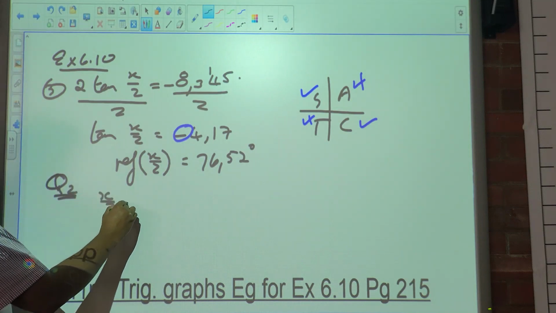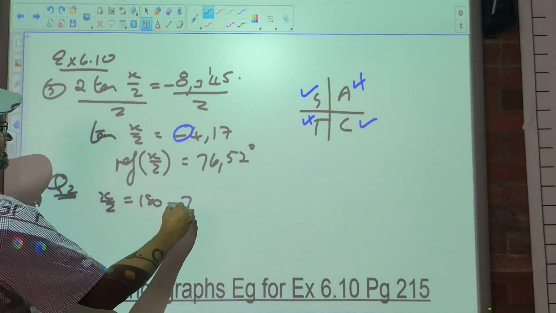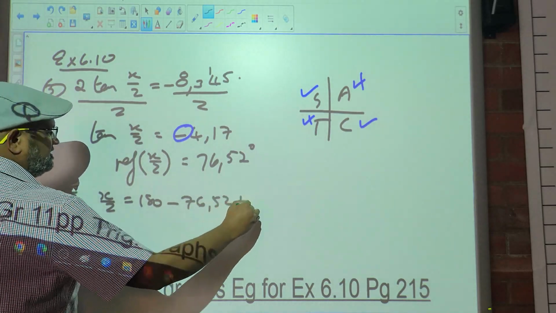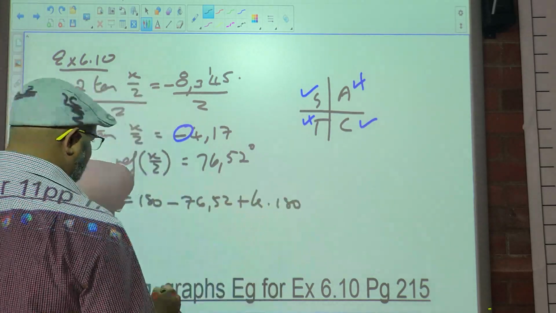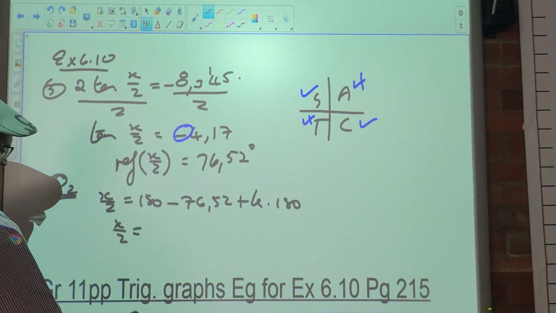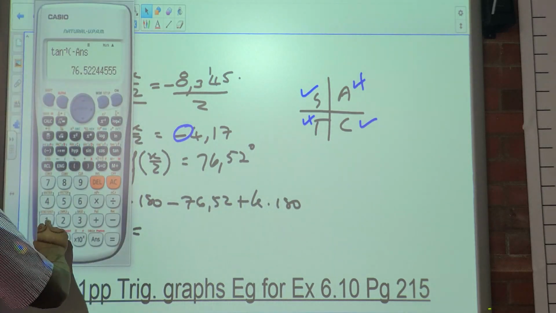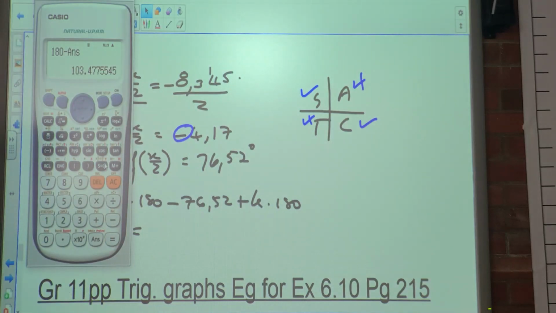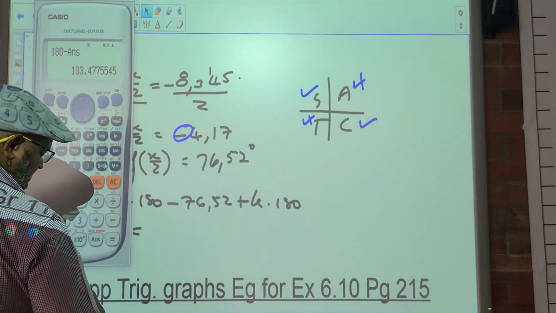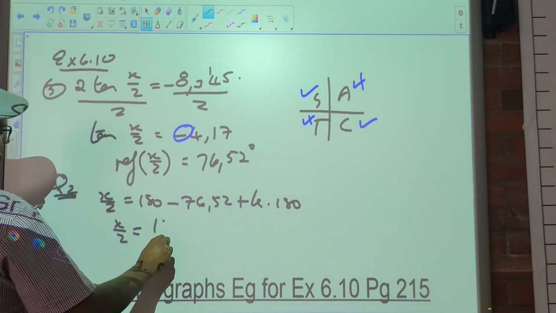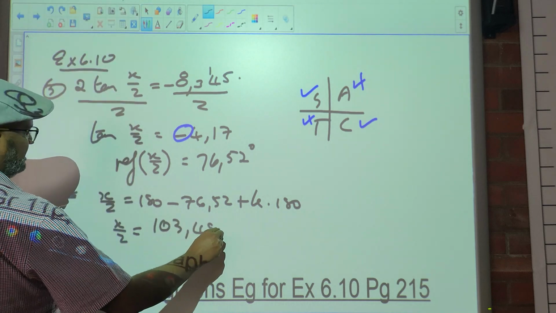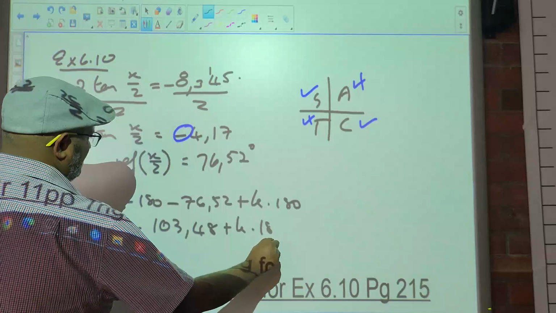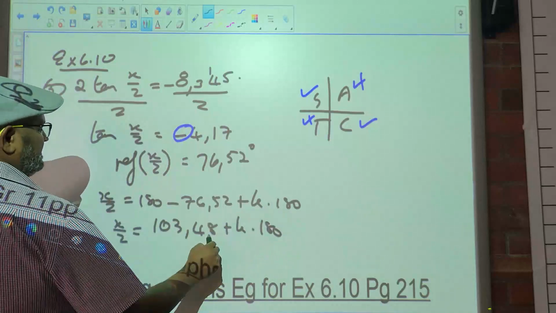What will it be in quadrant 2? x over 2 is going to be 180 minus 76.52 plus k times 180. So x over 2 is equal to 180 minus 76.52, which gives me 103.48 plus k times 180. For those of you wondering why I don't add them, they are unlike terms.